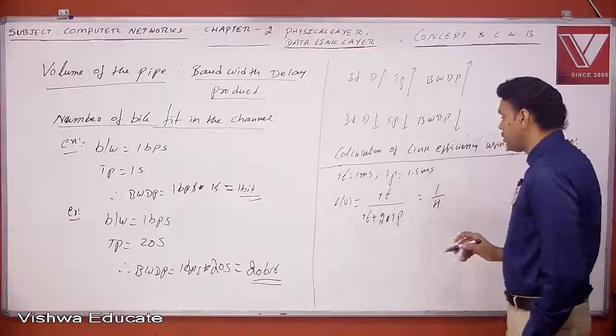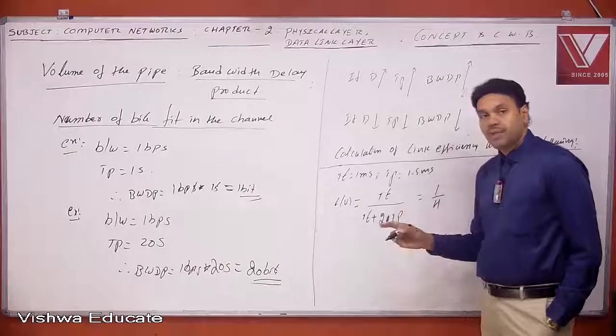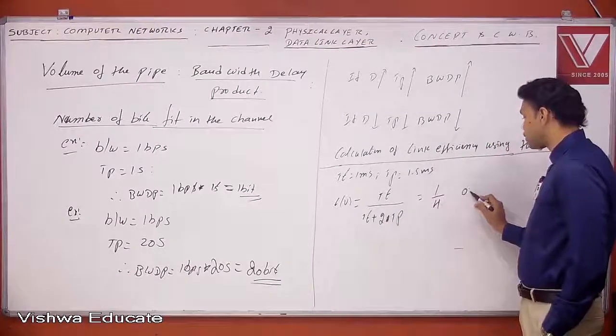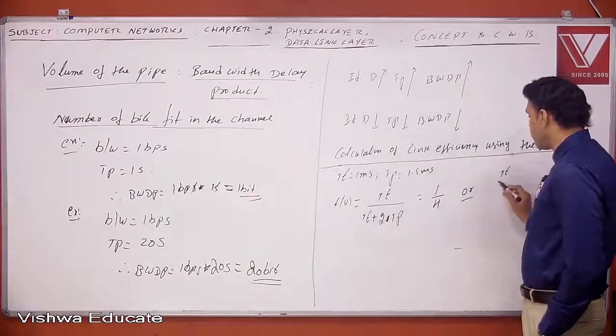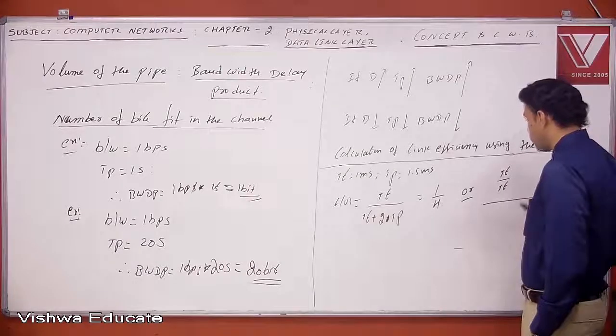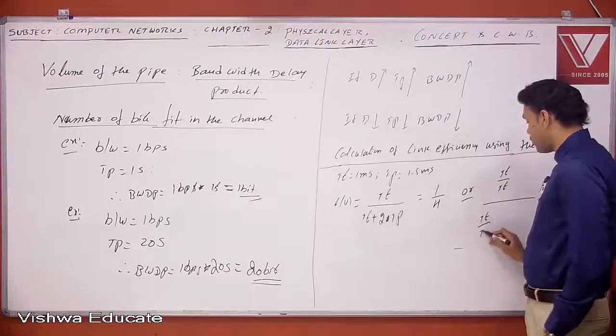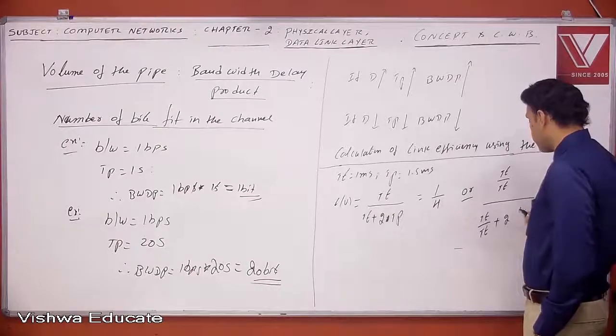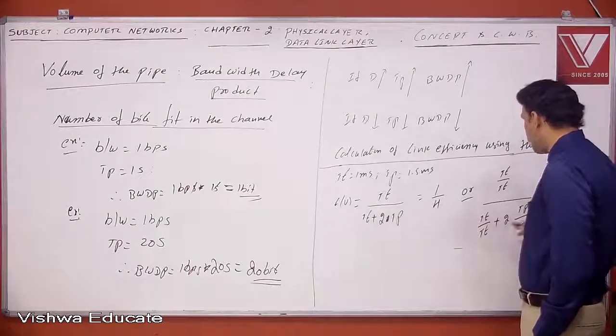I can write this equation in a different way. If I divide Tt up and down, then Tt will be placed everywhere.